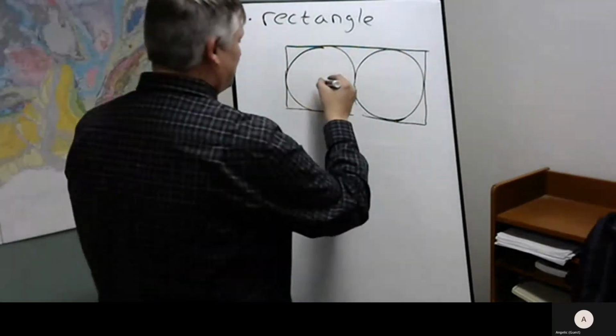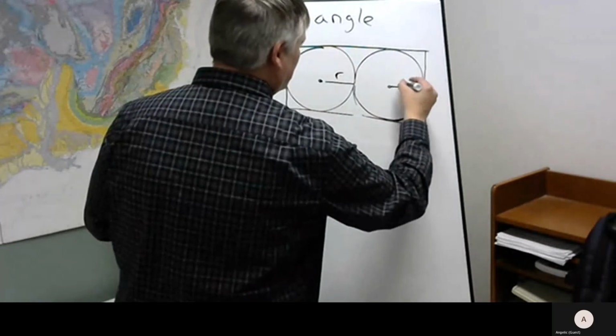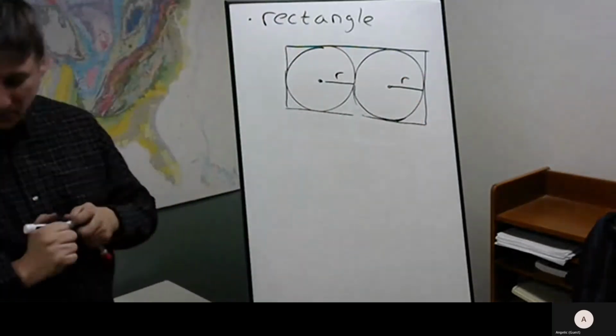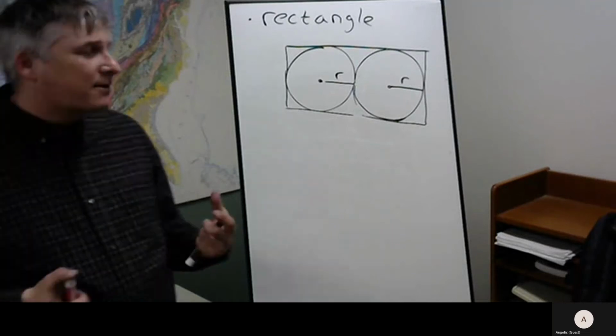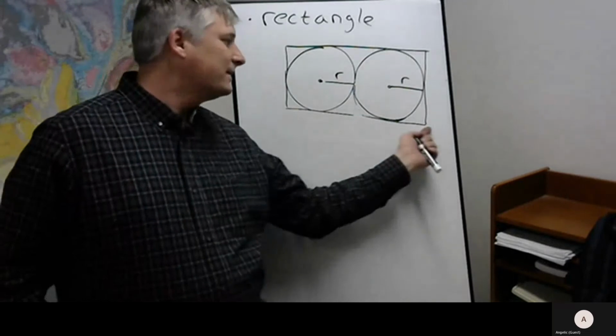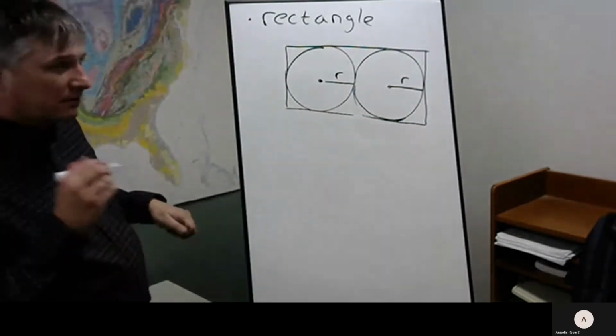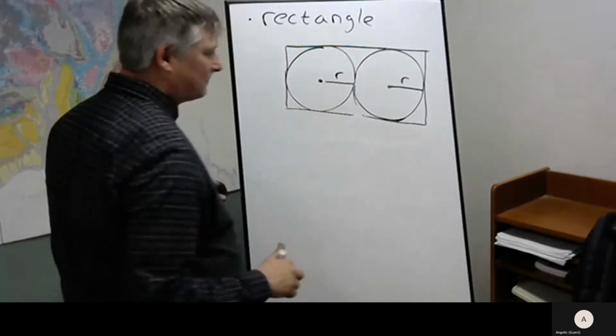So what we want to realize is that each circle has the same radius. So to come up with the area of the rectangle, we need this, and we also need that. Now find this.